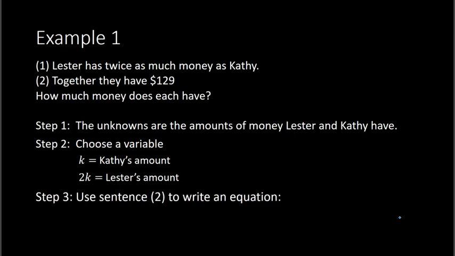We know that together they have $129, meaning if we add Kathy's amount of K with Lester's amount of 2K, then that would equal $129. So my equation would be K plus 2K equals 129.